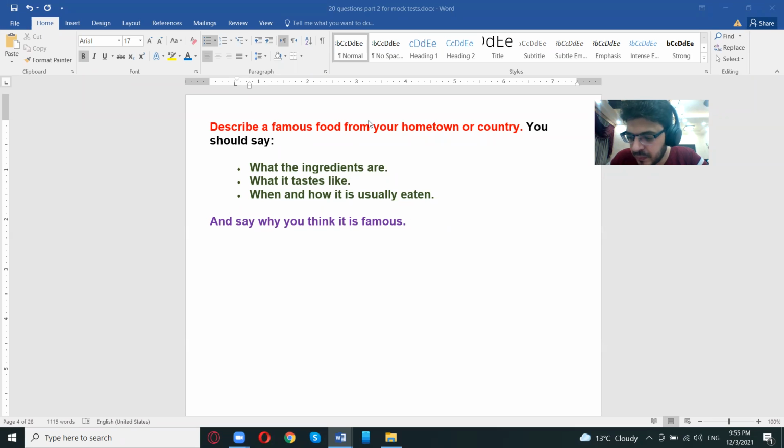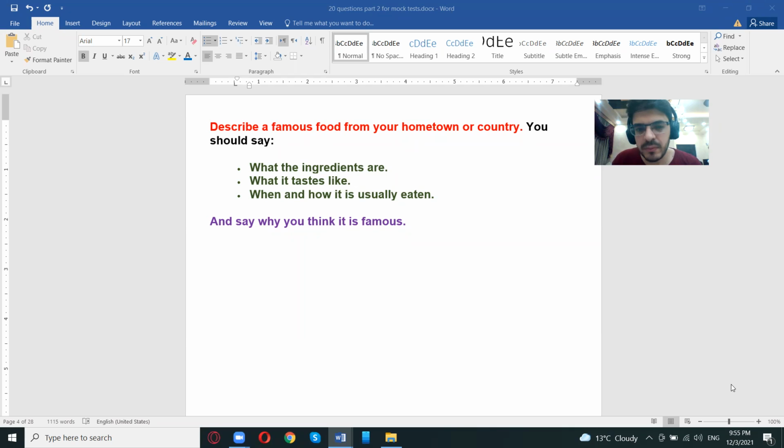Then I really need to add that kabsa consists of rice, maybe chicken or meat, some carrots, tomato and other ingredients.